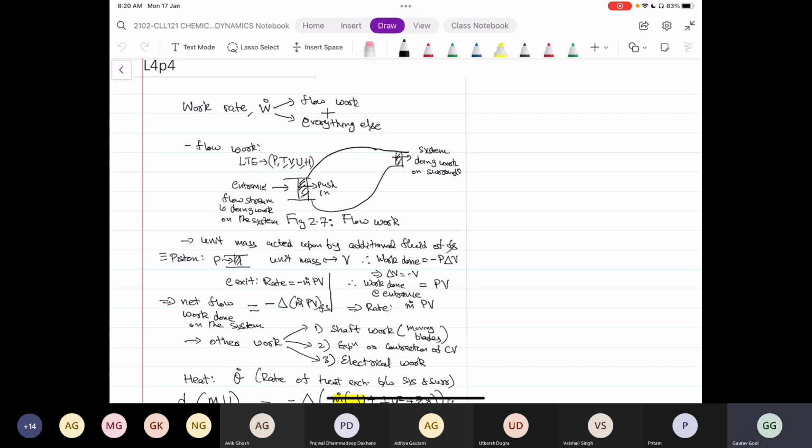So if I want to put 1 mole of my substance inside the control volume, its molar volume is V. That means delta V, the change in volume of the control volume, would be equal to minus the molar volume. We are taking it as minus because the contents of the control volume need to compress, so that the additional packet of fluid can be put inside the control volume.